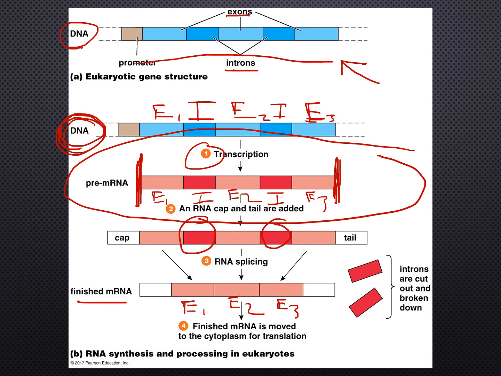In another circumstance, maybe in a different cell, the cell is going to take out half of the introns, and we'll get a somewhat different polypeptide product. So in this way, we can code for multiple polypeptide products with one sequence of DNA.